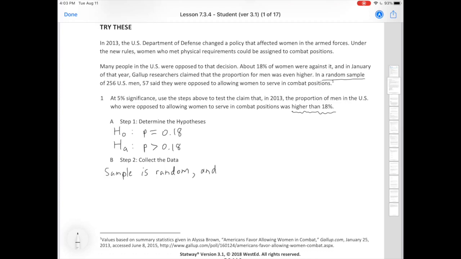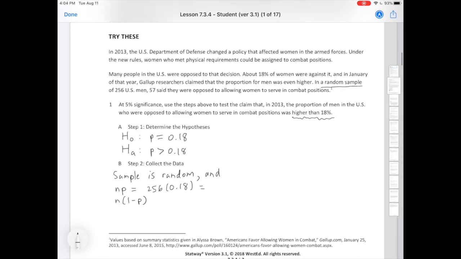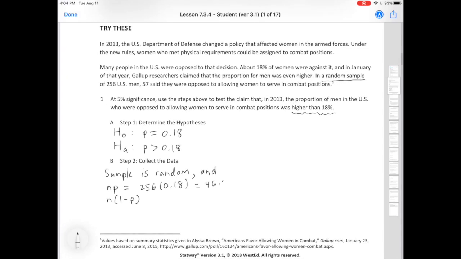And let's also check that n times p and n times 1 minus p are both bigger than 10. So n times p would be, let's see, there were 256 men in the sample, and p is 0.18, right? We use the null hypothesis. So if I multiply 256 times 0.18, I end up with 46.08.